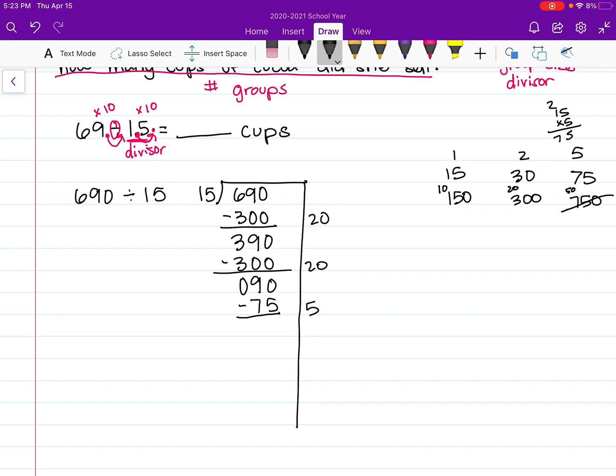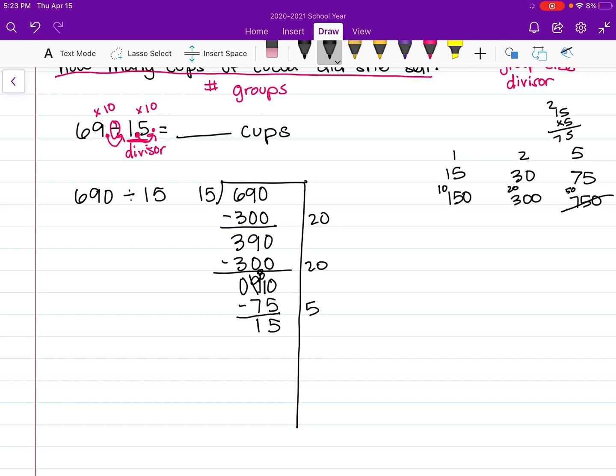If I have 0 fingers up, I can't put 5 fingers down because I don't have any up. So I need to regroup. I'm going to take 1 away from the 9 and make that 8, and add 10 to the 0. So now I have 10 minus 5 is 5, and 8 minus 7 is 1.